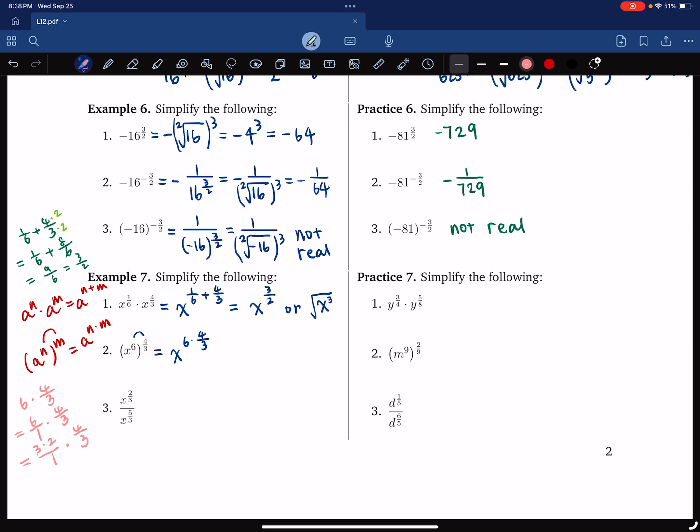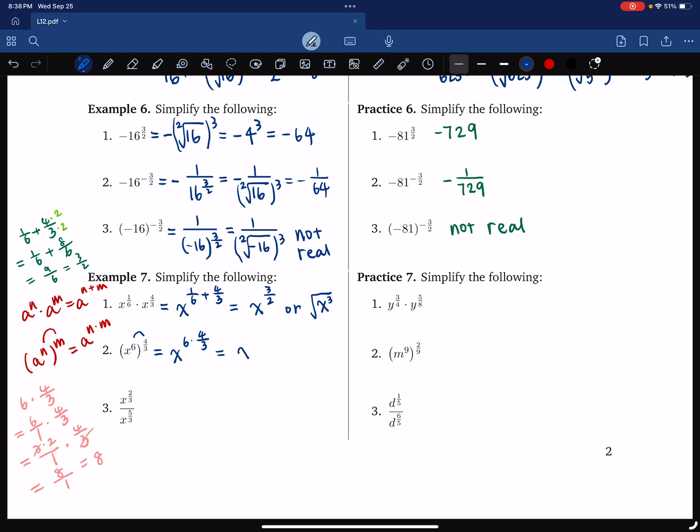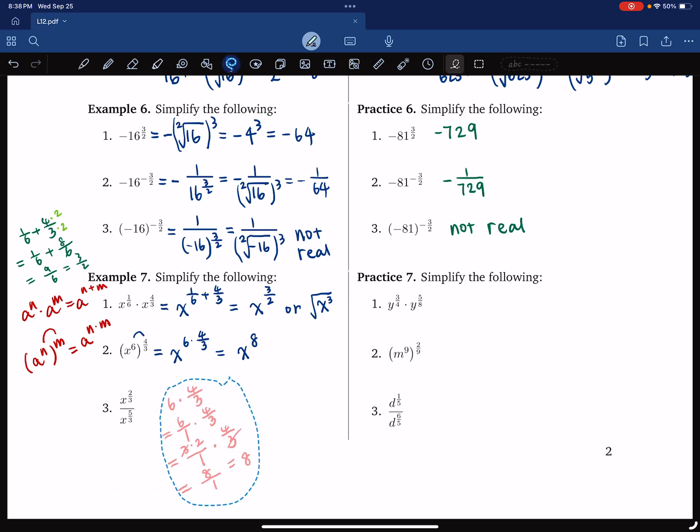And notice that there's a common factor of 3. So I can cross these two 3's out. And then multiply the rest. So it's just 2 times 4, which is 8, over 1. And that is 8. So our final answer is simply x to the 8th. Let's move this somewhere else because I need the space later.